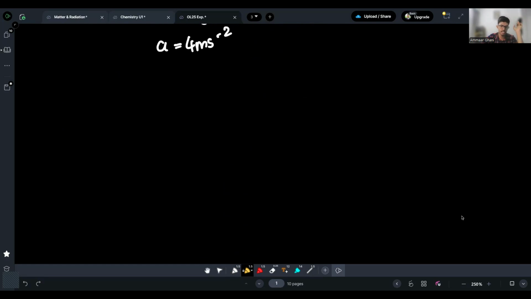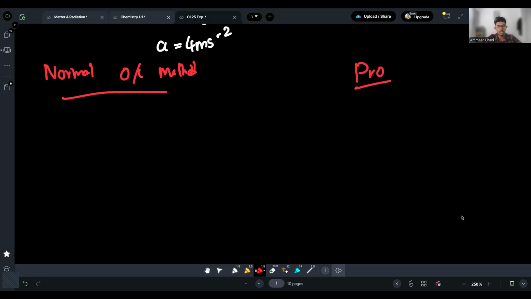One is the normal O-level method, and another one is a pro method. Let me first show the normal O-level method. First of all, you know work done. Work done is equal to force into distance.